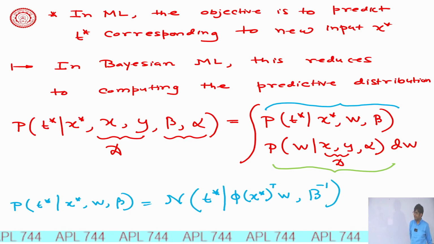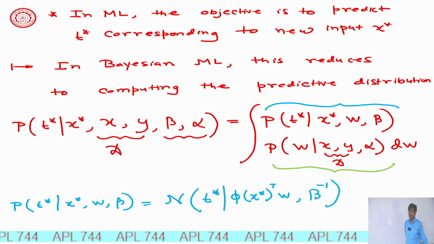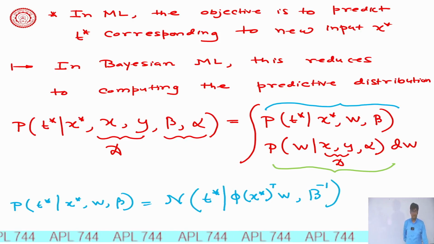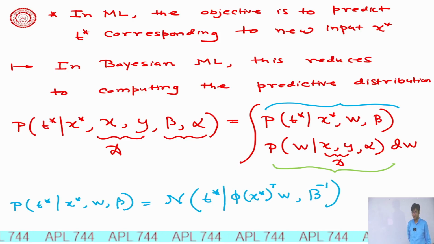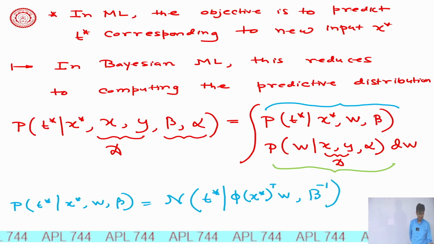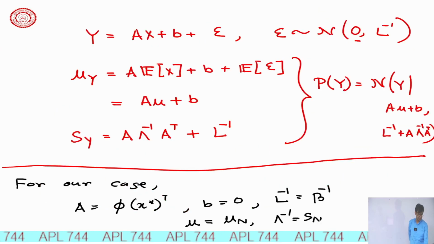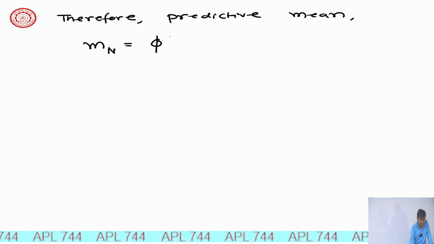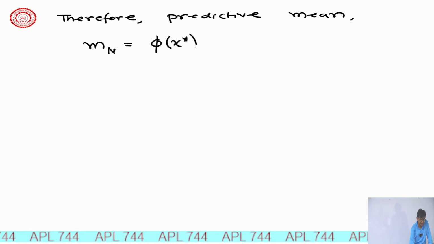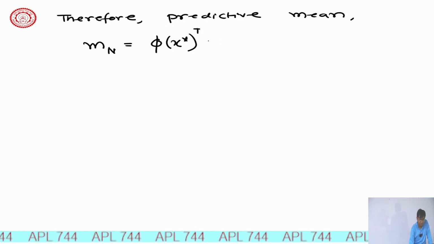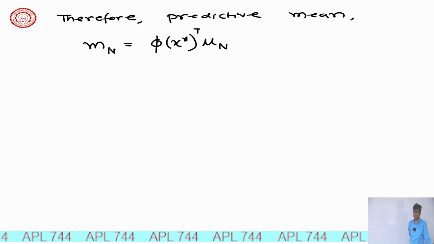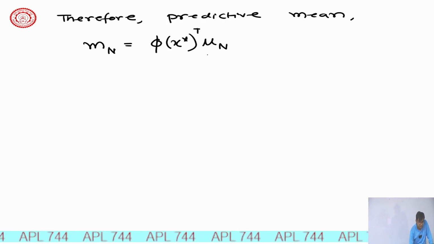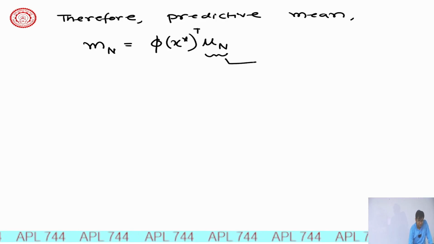So, A will remain as it is, then multiplied by W, that is your X. So, X is supposed to be replaced by mu, and your mu is mu n. So, then your predictive mean will be phi X star transpose mu n, okay, where mu n is your, what is your mu n?